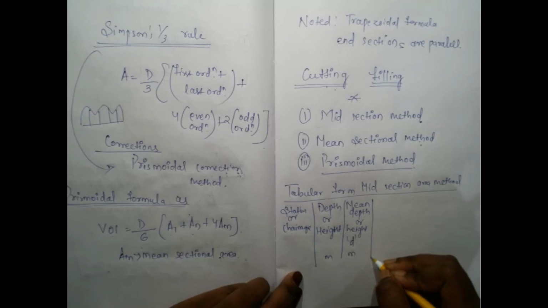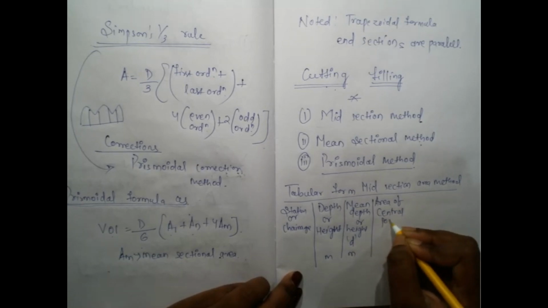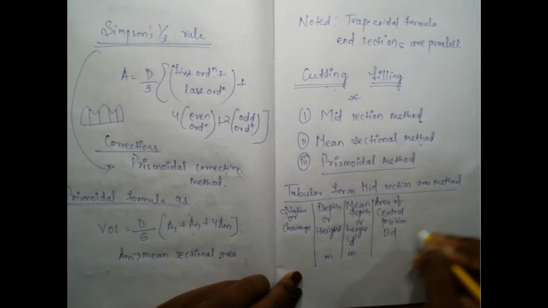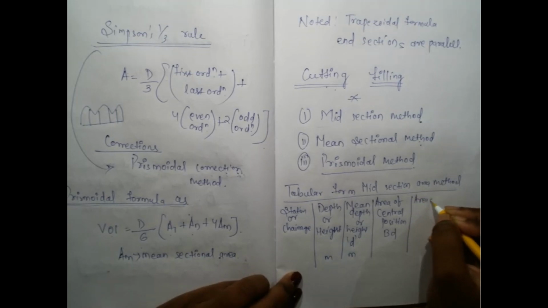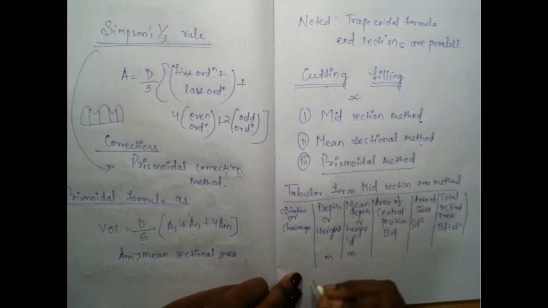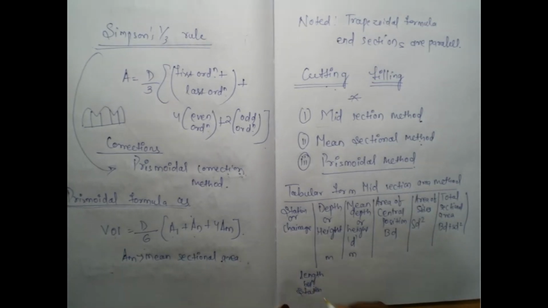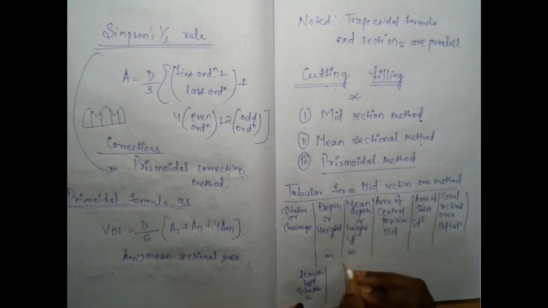Then the area of the central portion, like BD, and next is the area of the sides, that is SD square. Next, the total sectional area, that is BD plus SD square. Next one is the length between stations, that is L, and then finally quantity.